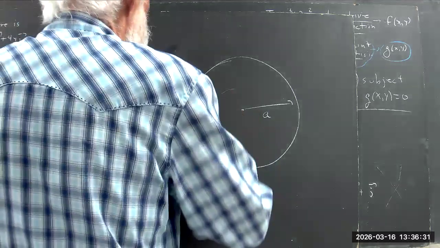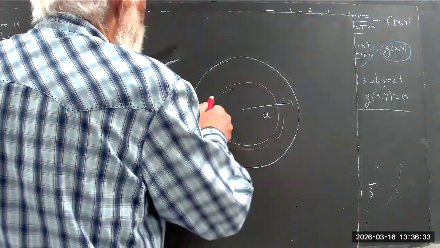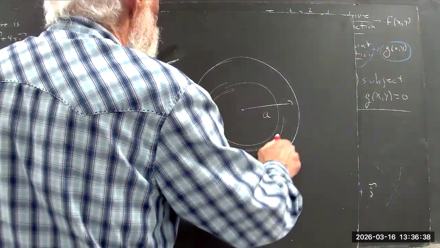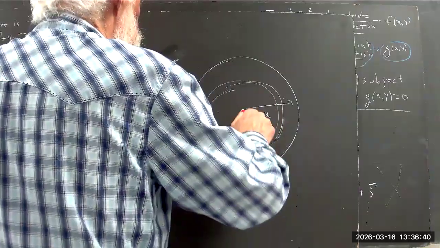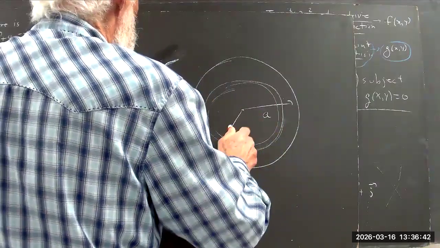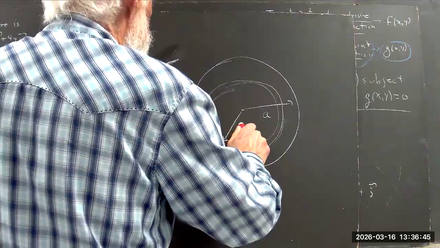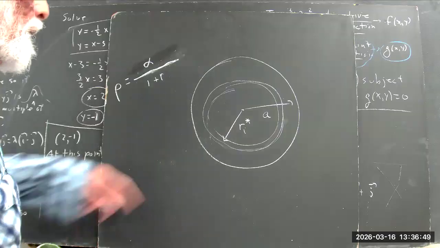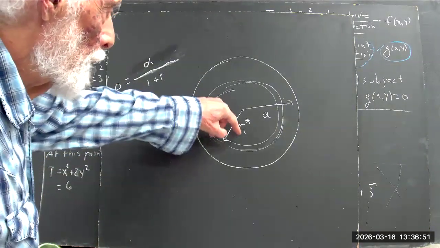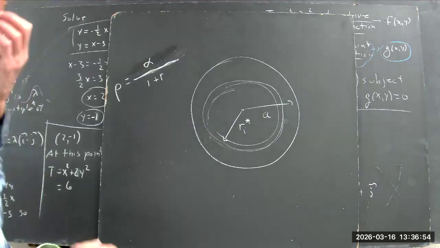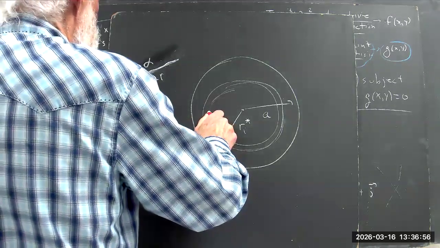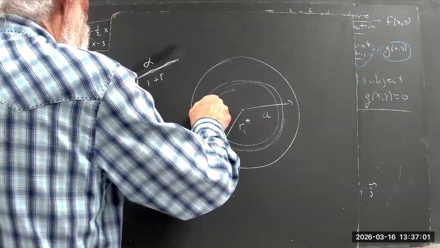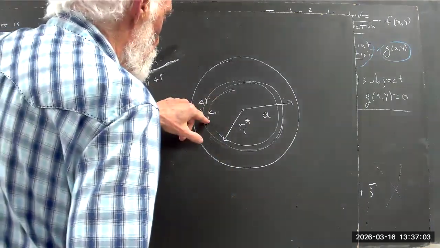You just break this into shells. Take a typical shell, at a radius near R sub i star, and I've got a delta R here.